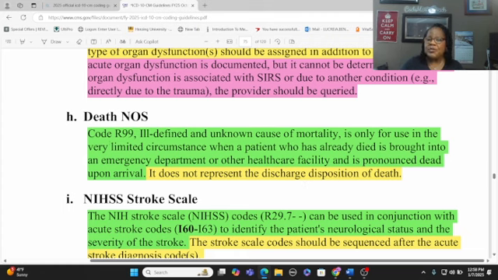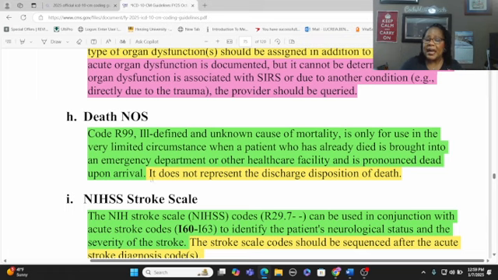So let me explain that again. With death, when we don't know, think of SIDS, sudden infant death syndrome. Baby was fine, and then minutes later you go back and the baby is dead in the crib. Sudden infant death, that's an R99 when they don't know what caused the death of the infant. Same thing with other patients that they find at home. If there was no history of any medical condition and we don't know why the patient died, then it's an R99.